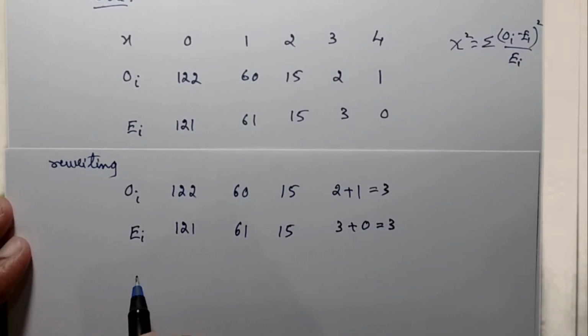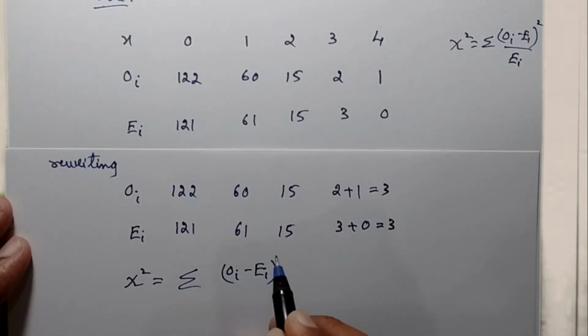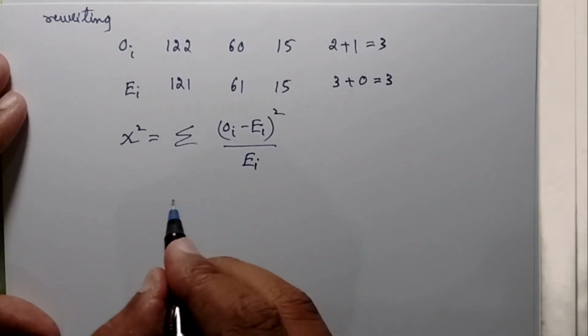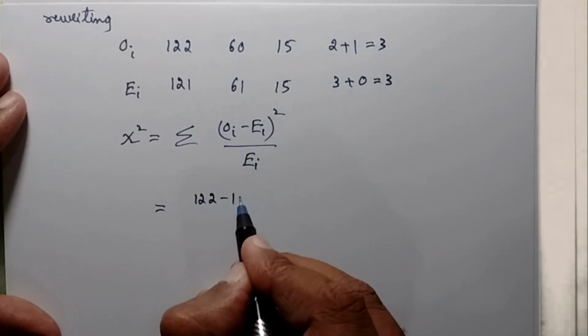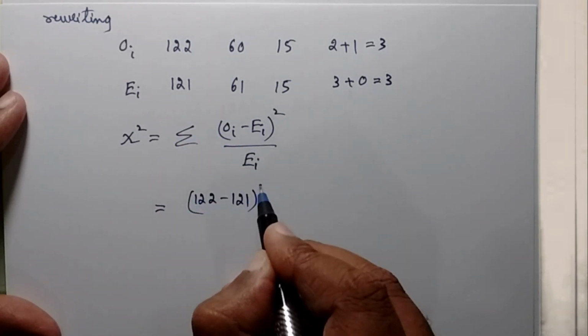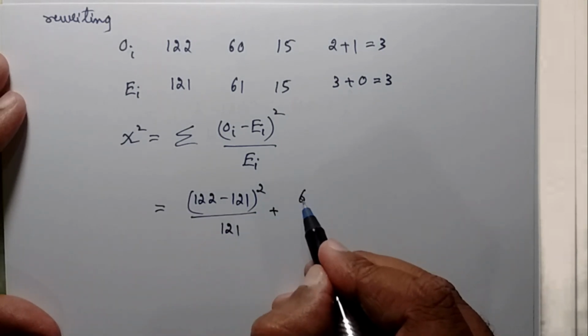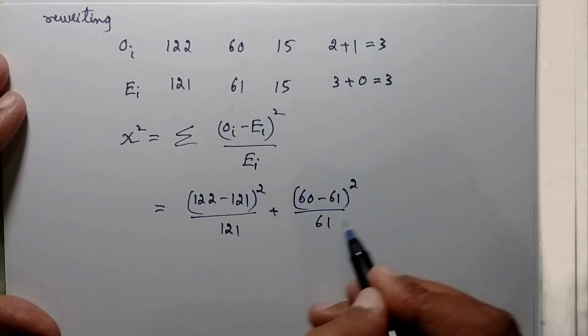Now you can write down the chi-square distribution. Chi-square equals the summation of (oi minus ei) whole square divided by ei. So it is 122 minus 121 whole square divided by 121. Next, 60 minus 61 whole square divided by 61.